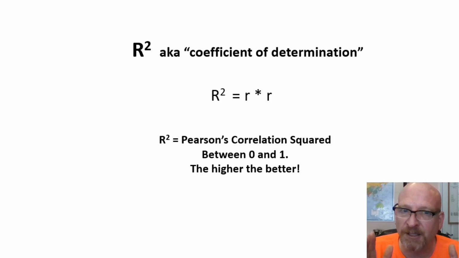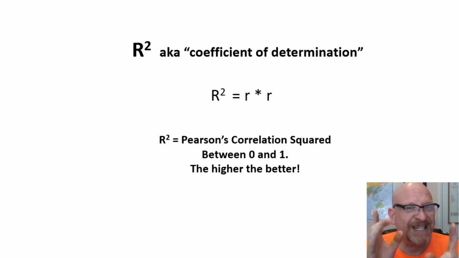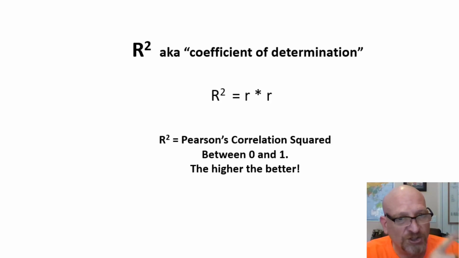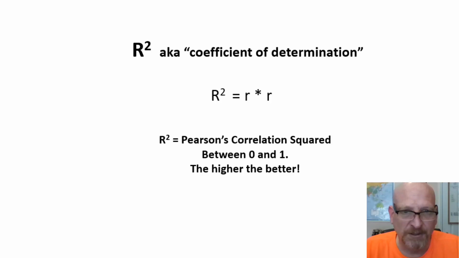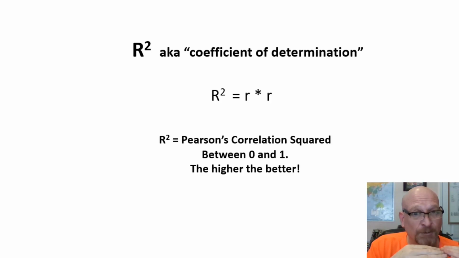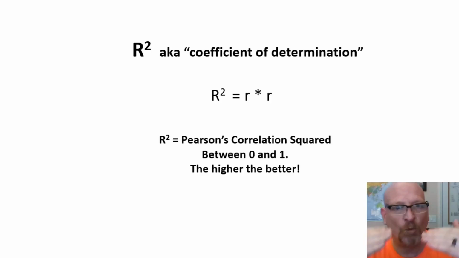Now remember, Pearson's correlation, I told you that was important. Pearson's correlation is extremely important. Now, Pearson's correlation goes from -1 to 1, right? Now, if I square it, all the negatives become positive, right? So now our squared value only goes from 0 to 1, okay? The closer you are to 1, the stronger the R-squared value is, which means the stronger the correlation is between your independent variable and your dependent variable, the x and the y.